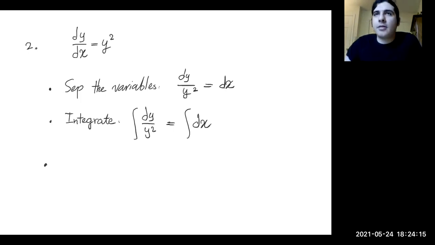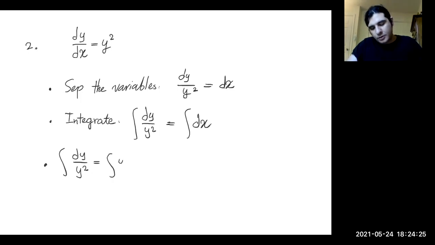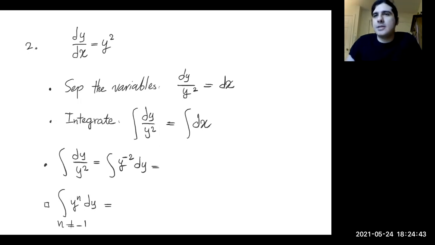Okay, what is the integral of dy over y squared? The first part would be computing this integral. I would write it as the integral of y to the power -2 dy, right? And we have in mind that the integral of y to the n dy, when n is not equal to -1, is equal to what? Does anyone know what is the answer to this integral?